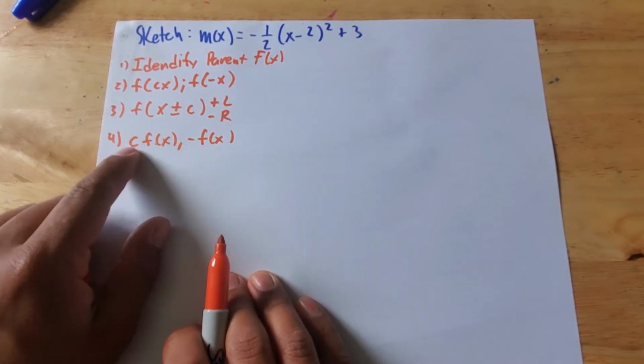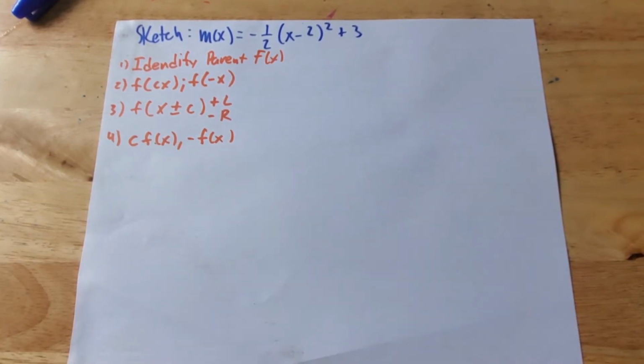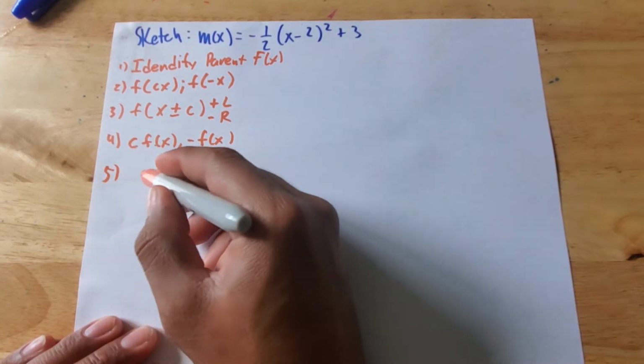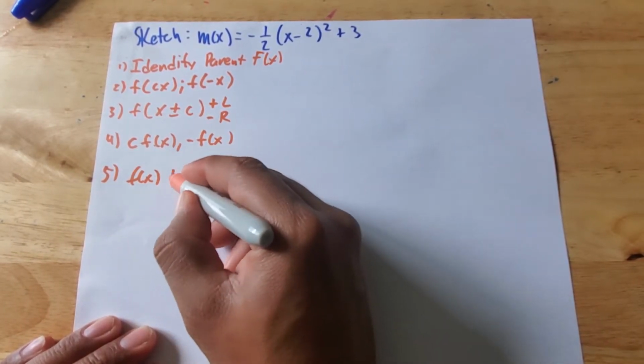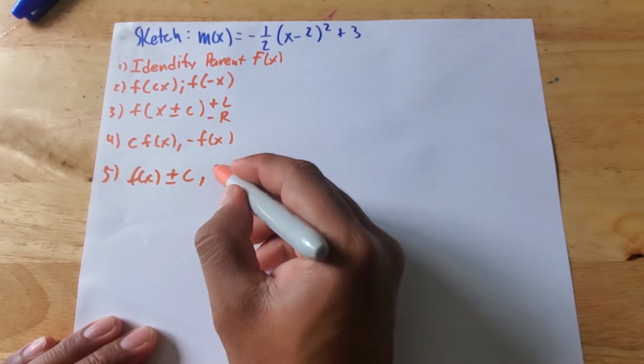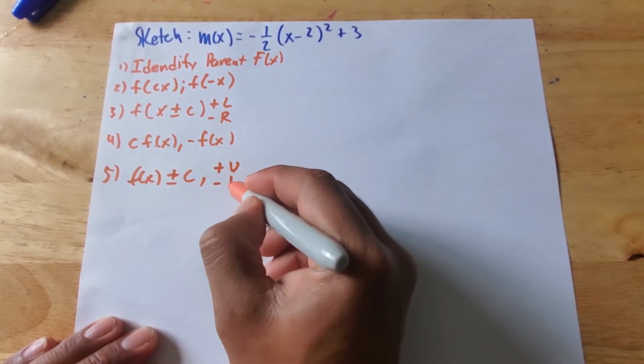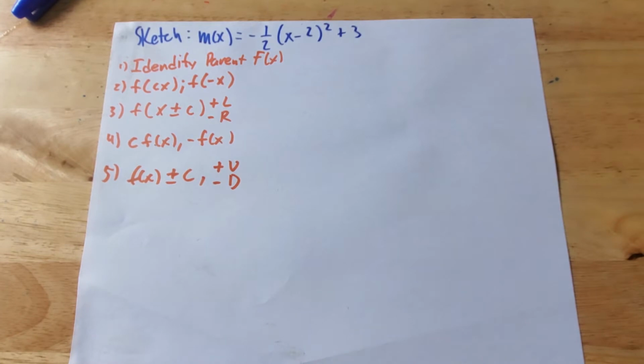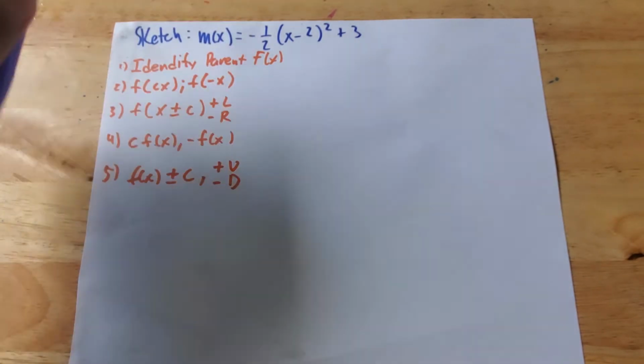So if you multiply by a number bigger than 1, you're going to stretch this vertically. Whereas if it's between 0 and 1, you're going to shrink it vertically. And lastly, we get all the way outside, and you add or subtract. And this behaves the way it's supposed to. So positive is up, negative is down. So those are the steps we're going to take to be able to graph these.